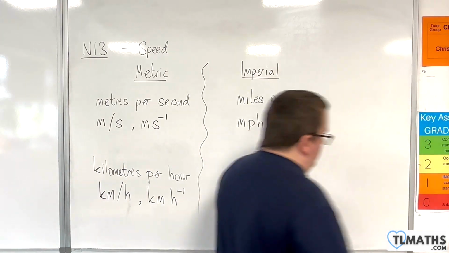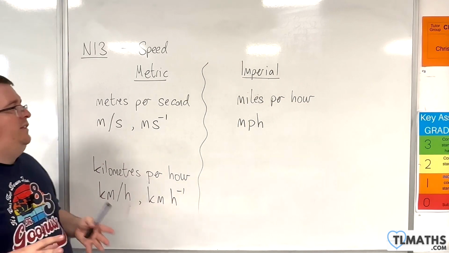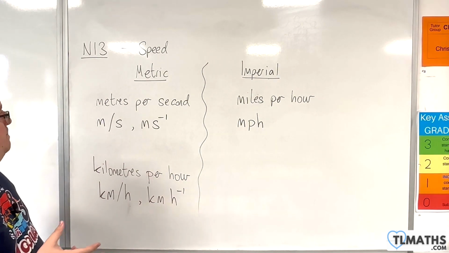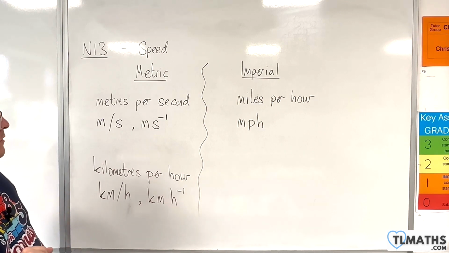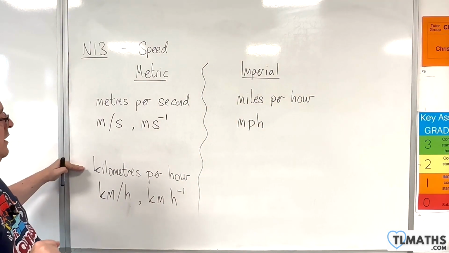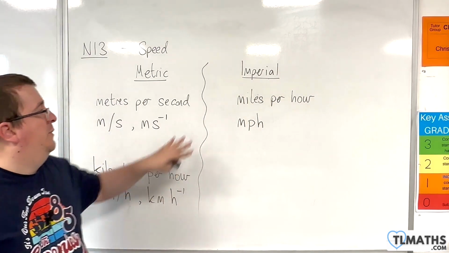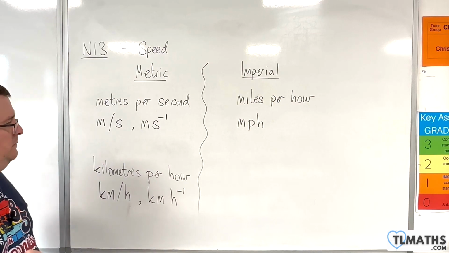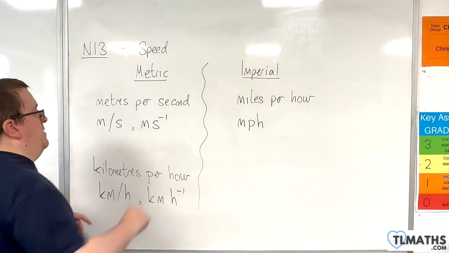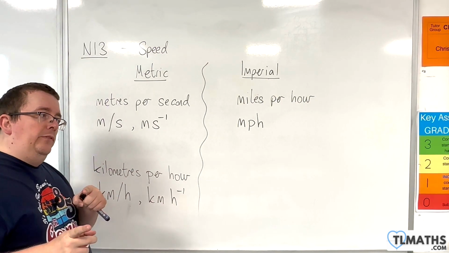Okay, now what you need to be able to do is to convert between them. So meters per second to kilometers per hour, kilometers per hour to miles per hour, okay? And the kilometers per hour to miles per hour one is going to come down to that conversion between miles and kilometers.